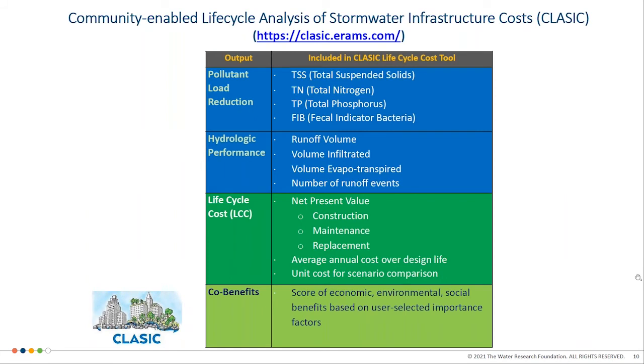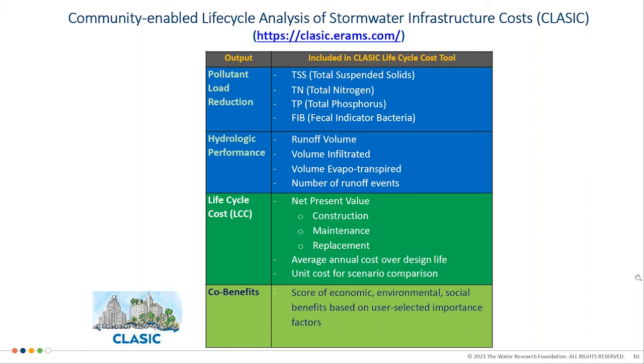Just as a quick snapshot, the CLASIC tool can simulate both hydrological performance and pollutant load reductions. The pollutant concerns in the tool include total suspended solids, total nitrogen, total phosphorus, and fecal indicator bacteria.